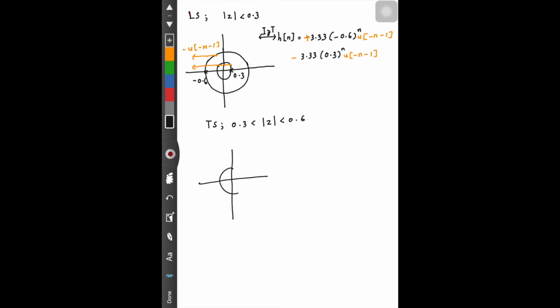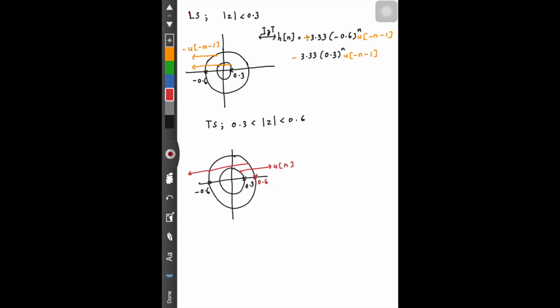What happens is the innermost pole will approach to the right and the outermost pole will approach to the left.